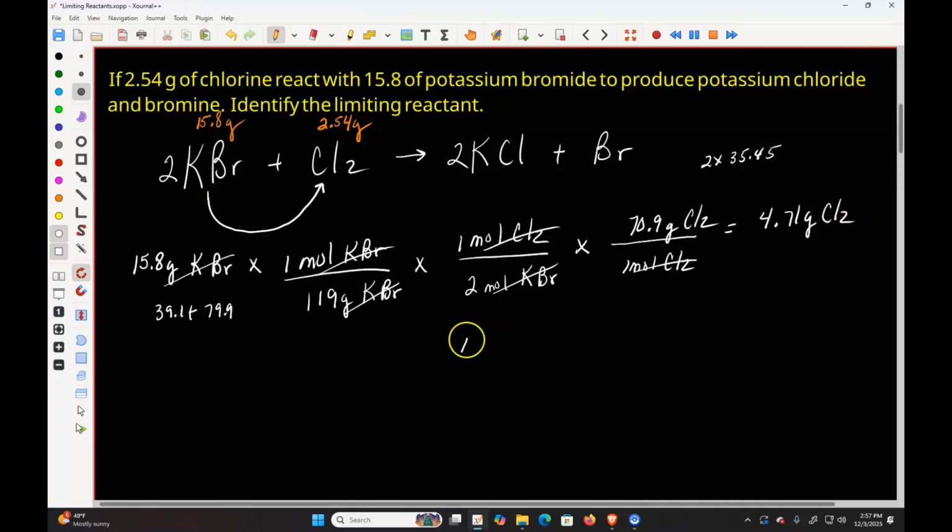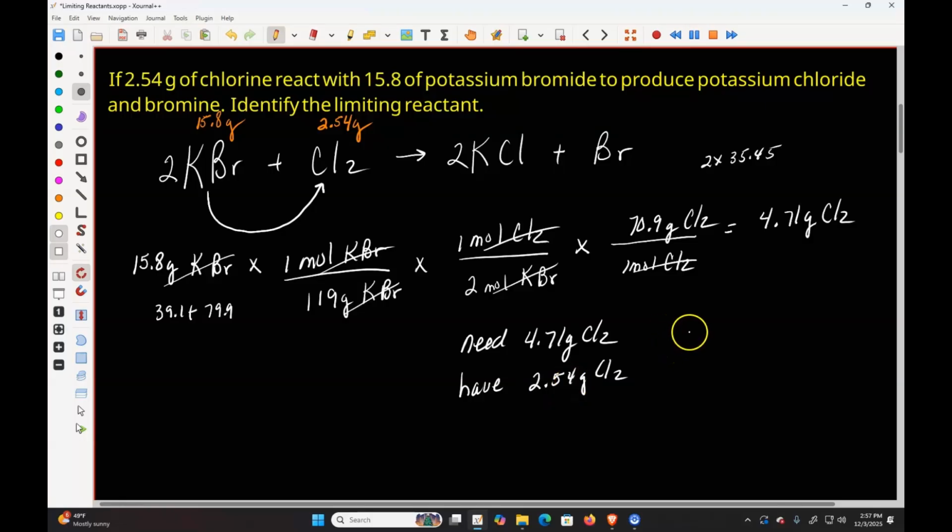So I need 4.71 grams of Cl2. I have 2.54 grams of Cl2, which means I do not have enough Cl2 to react with 15.8 grams of KBr.